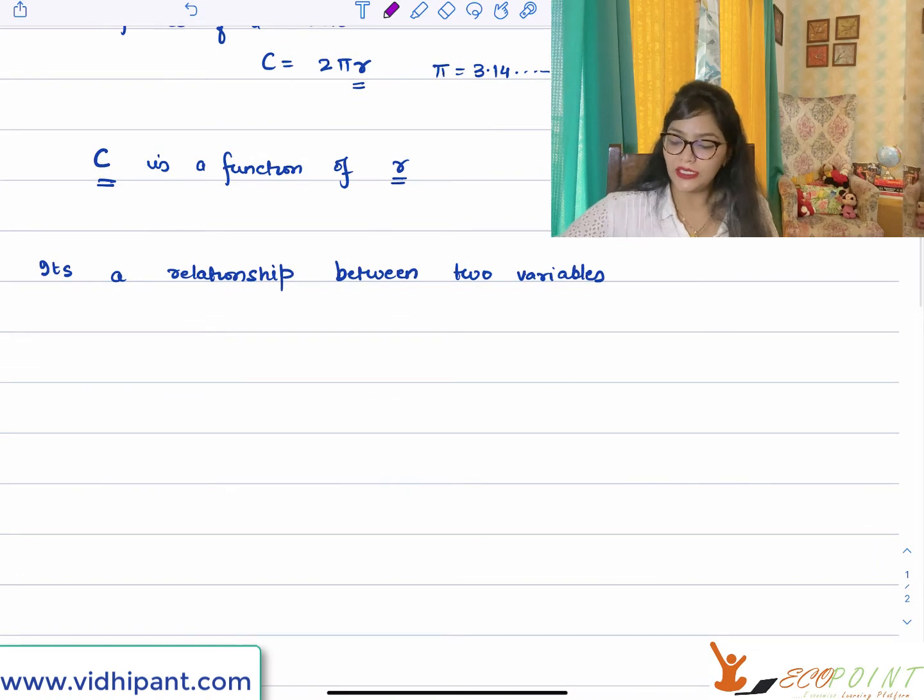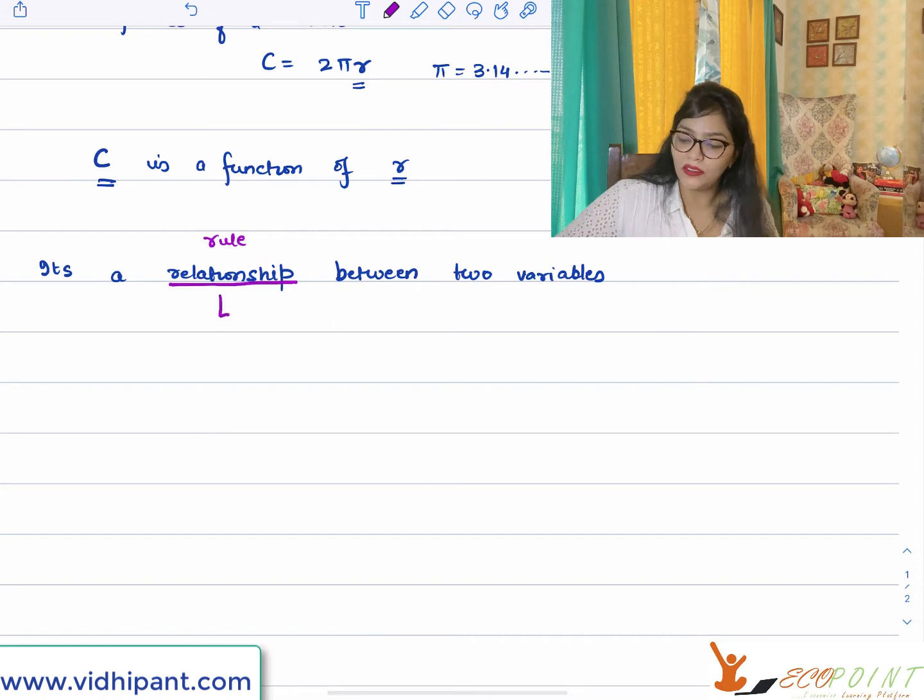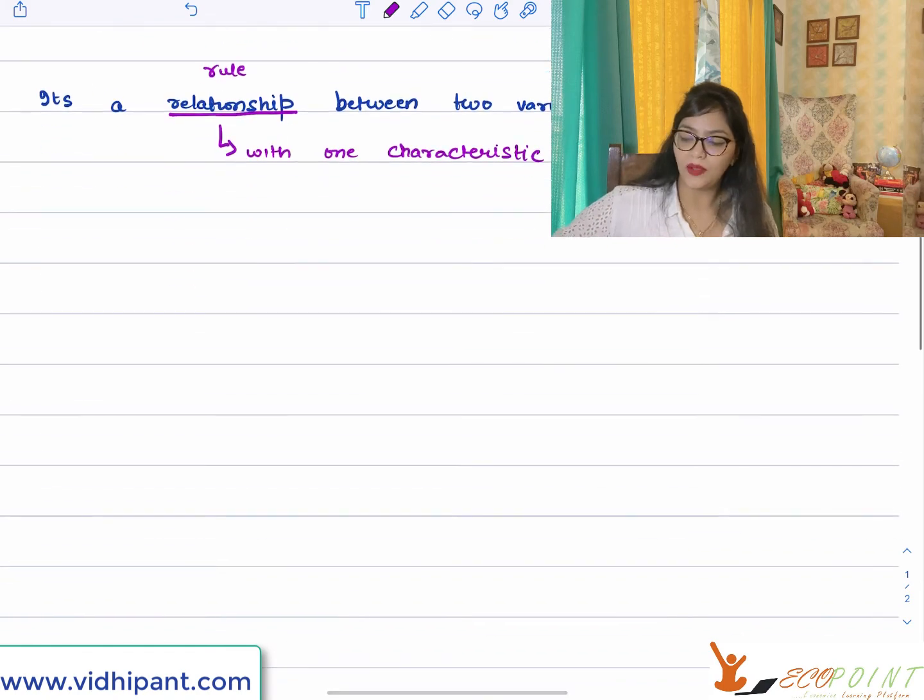Now this relationship, you can also call it a rule. This rule between the two variables will have one characteristic, and what is that?